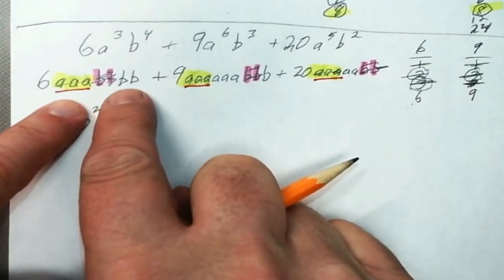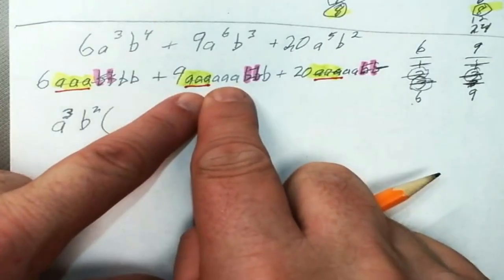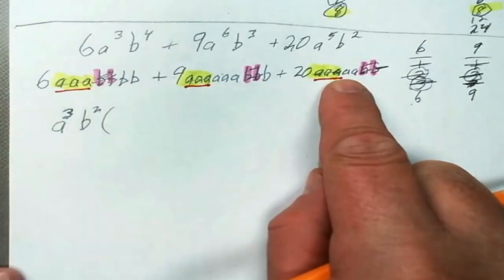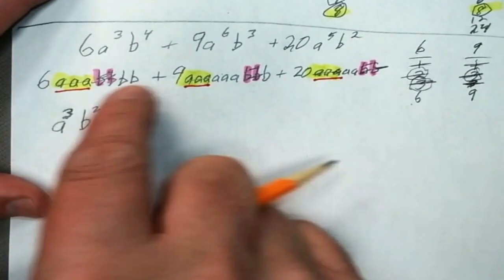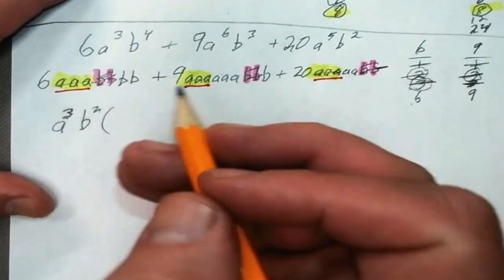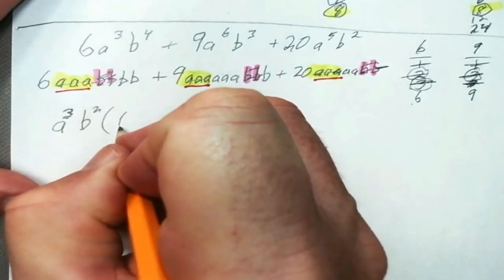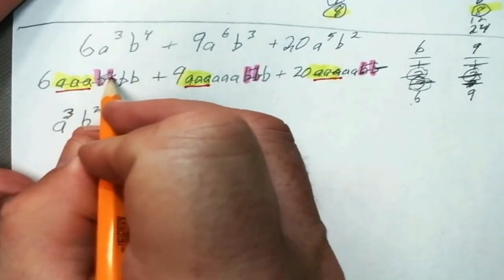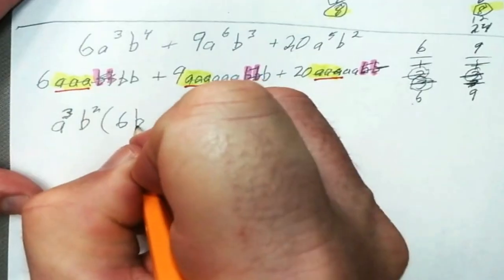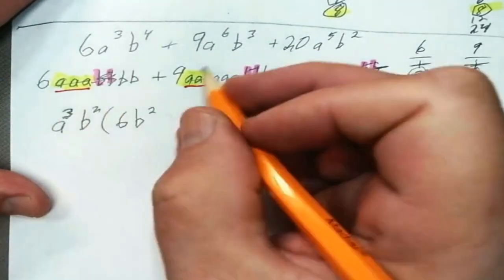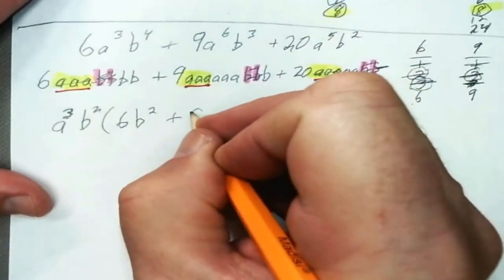This one has some B's. This one has some A's and 1 B. And this one just has some A's. So since all of this is left, we'll write it inside the parentheses. So there's 6, and that's gone, that's gone. B squared, 6b squared is left, plus a 9.